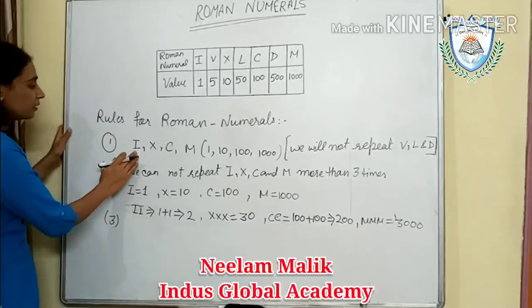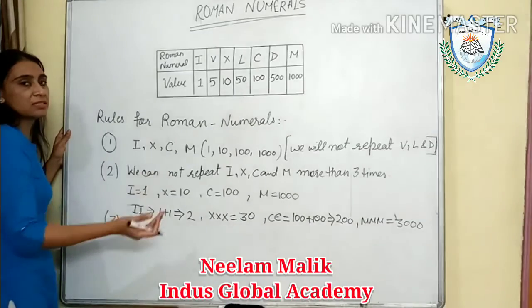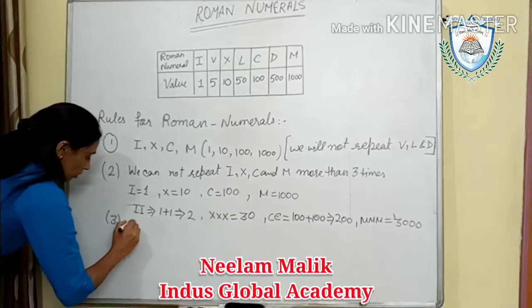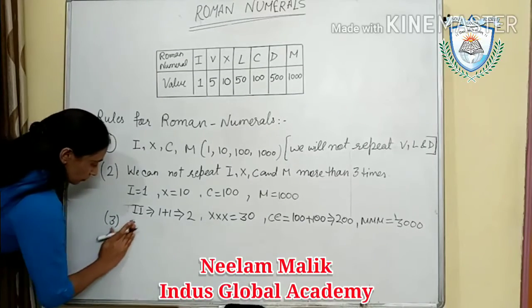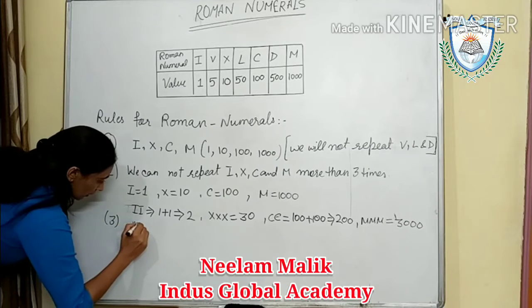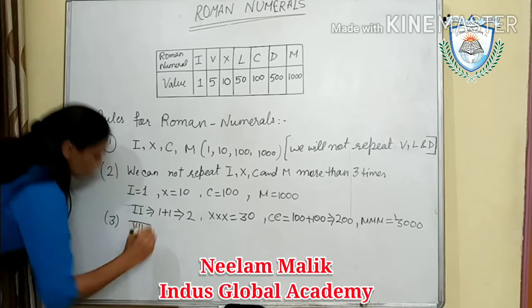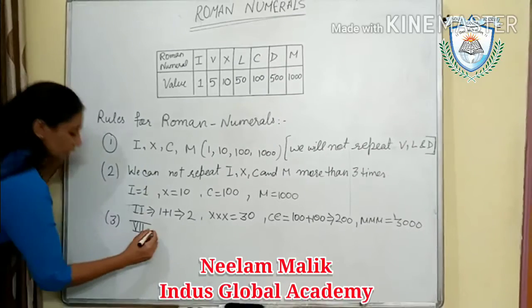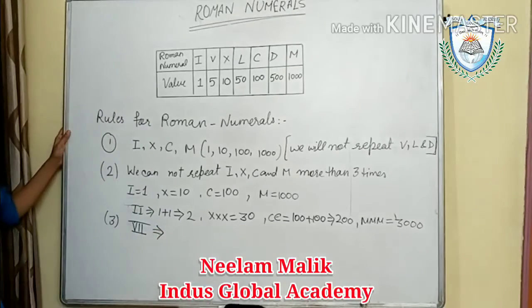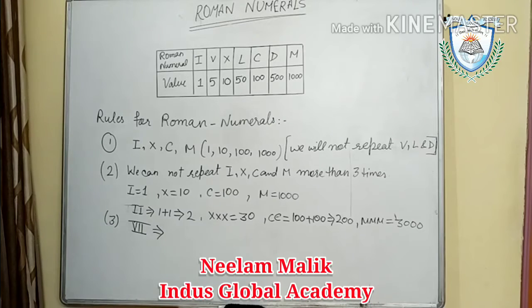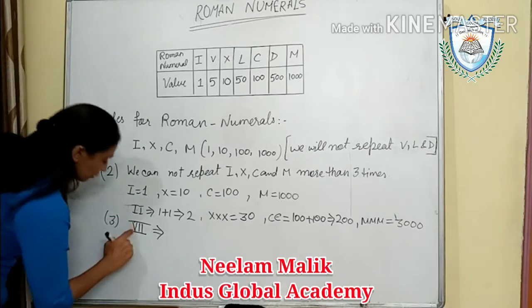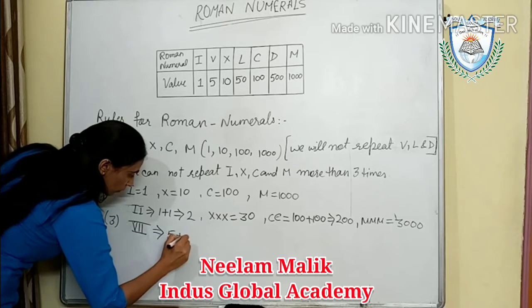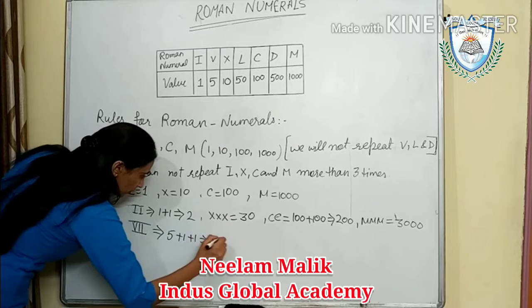Suppose you are having V and you write a small letter on the right hand side. That means if you are writing on the right hand side, the value will be added. So this was 5 and this is 2, so 5 plus 2 means it is 7.